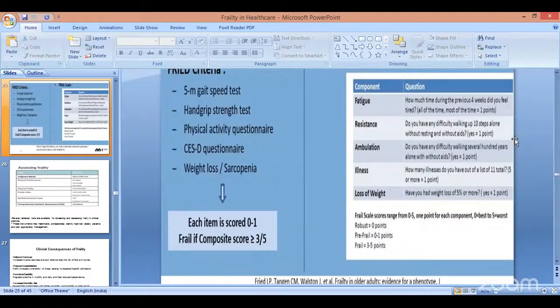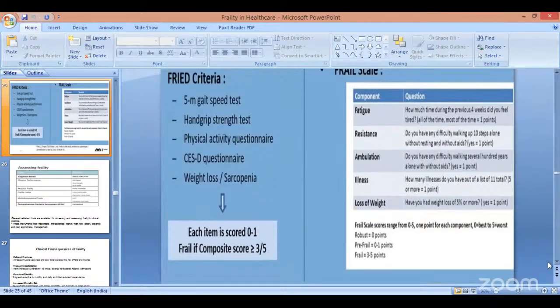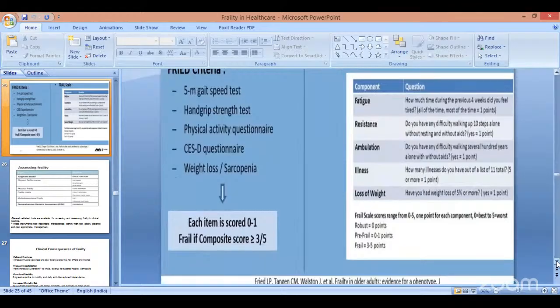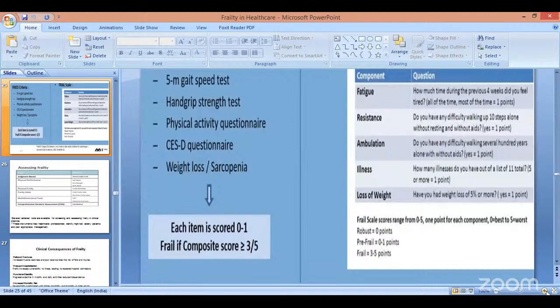The other is the FRAIL criteria. What do we have to ask the patient? Fatigue: how much of the time during the previous 4 weeks did you feel tired? All the time or most of the time, 1 point. Resistance: do you have any difficulty walking up 10 steps alone without resting or without aid? If yes, 1 point.